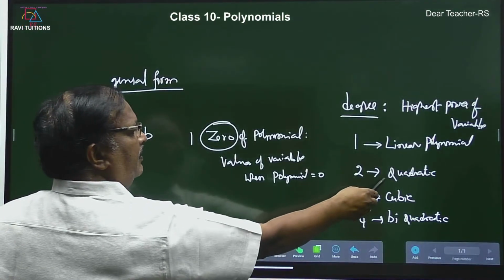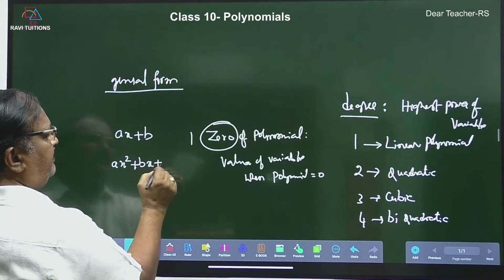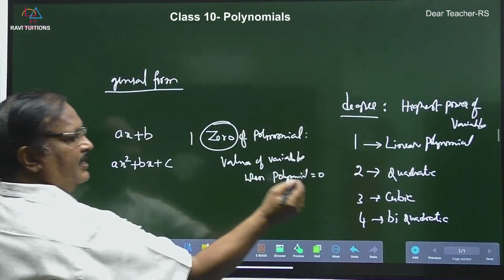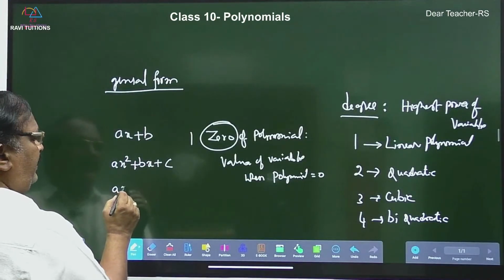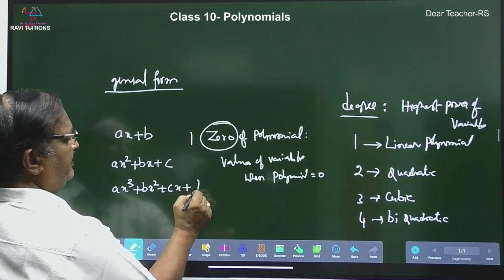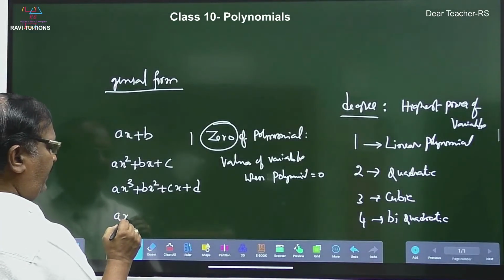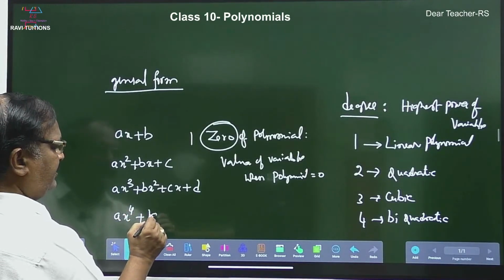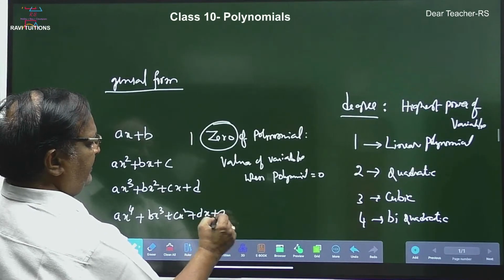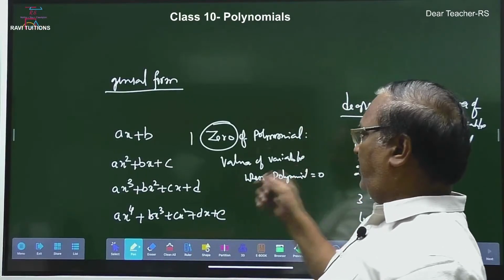For a quadratic polynomial, ax square plus bx plus c. For a cubic polynomial, ax cube plus bx square plus cx plus d. And the general form of a biquadratic polynomial is ax to the power 4 plus bx cube plus cx square plus dx plus e.